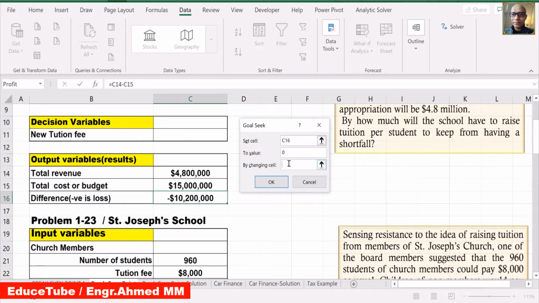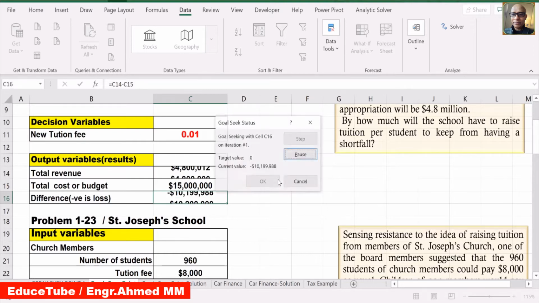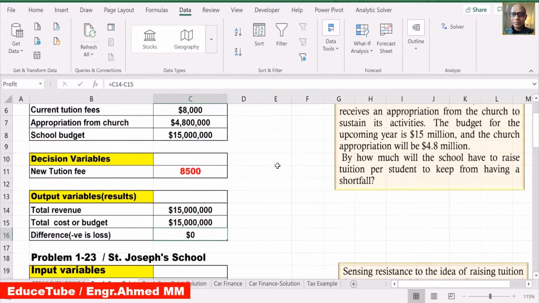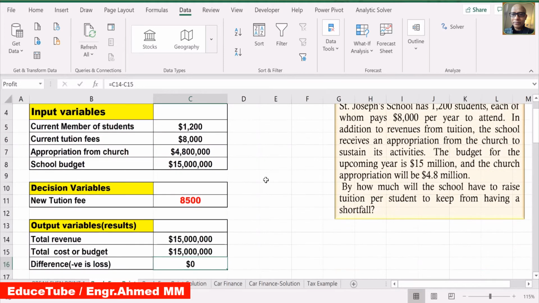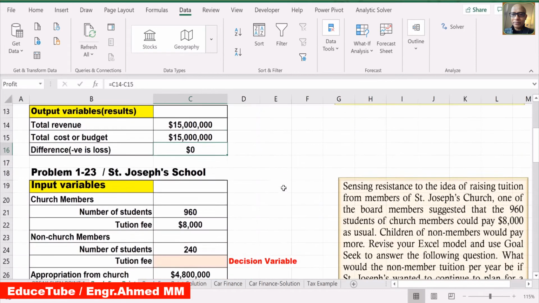So click here and click here. It is selected. Now press OK. It is generating 8,500 as the tuition fee instead of 8,000, so 500 is to be increased. So this is done.